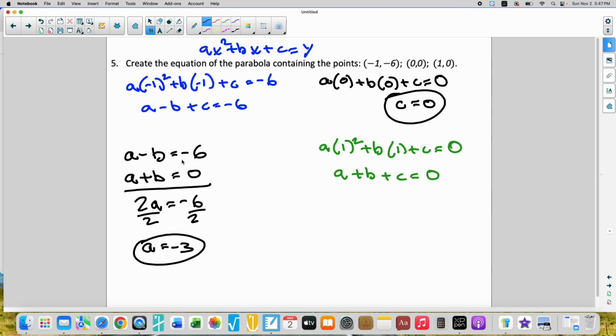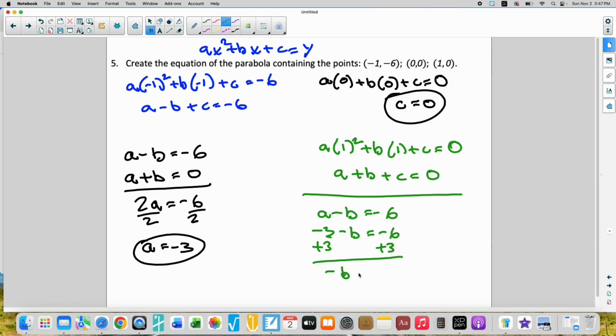Now we can plug this in to find our other value. A minus b equals negative 6 when a is negative 3. So 3 minus b equals negative 6. Let's subtract 3. Negative b equals negative 9, multiplied by negative 1.